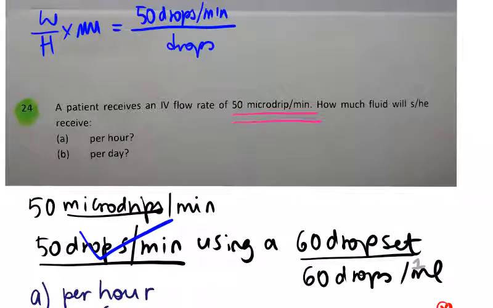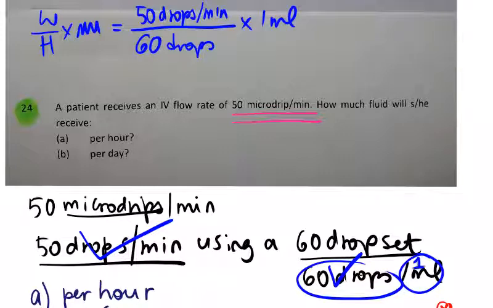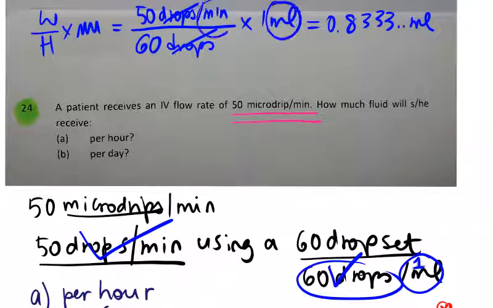Well, the only way to find the drops is in the 60 drops per mil. So 60 drops. And then the third number is our 1 mil, part of what we are calling the have here. So doing this calculation exactly as before, 50 divided by 60 times 1, we get 0.8333. The drops cancel out, but we have the answer in mils per minute.